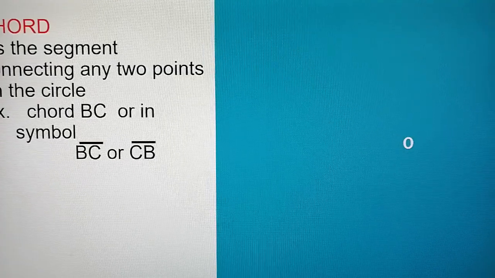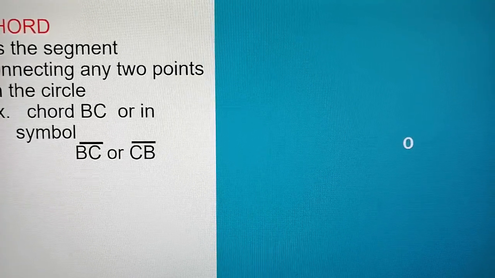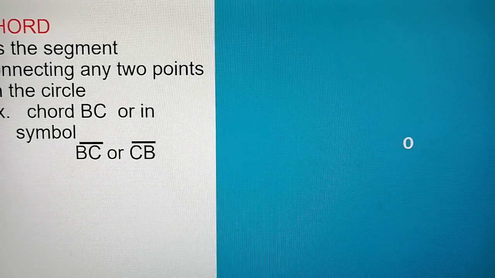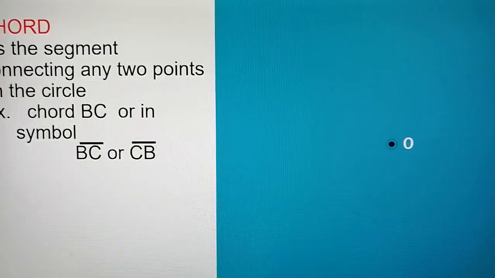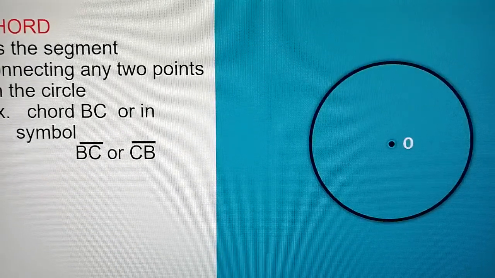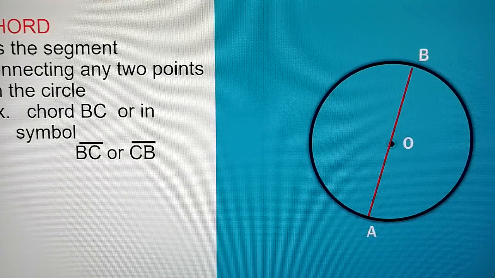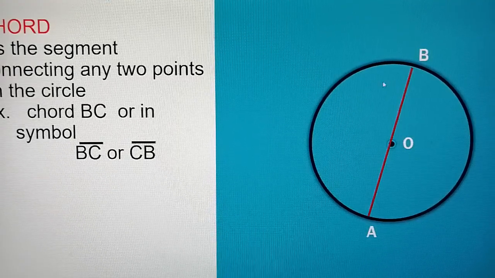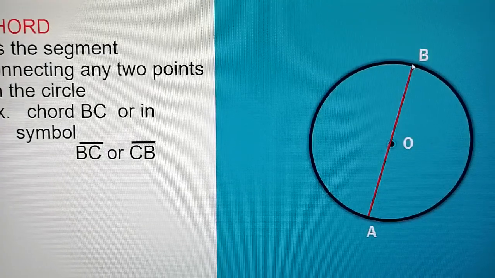Next, a chord. A chord is also a line segment. It is a segment connecting any 2 points on the circle. So is it different from the diameter? Now, a diameter is also a chord, but not all chords are diameters. For example, in this case, segment AB is a chord and segment AB is a diameter.